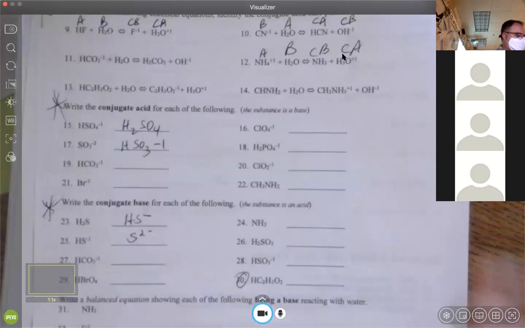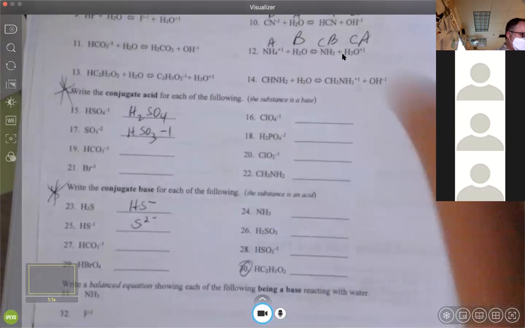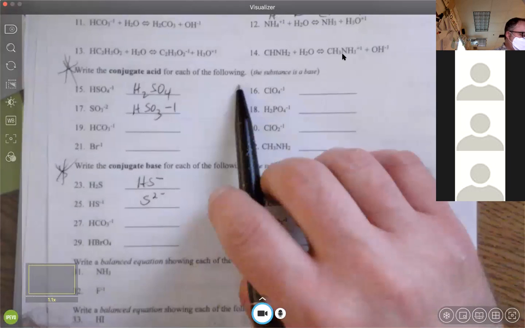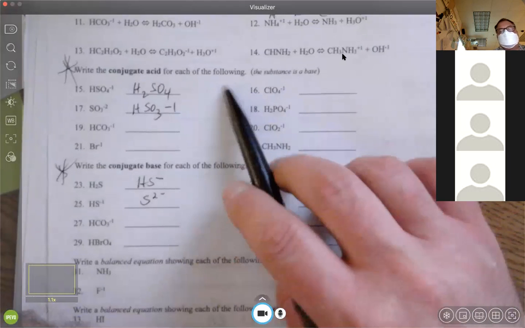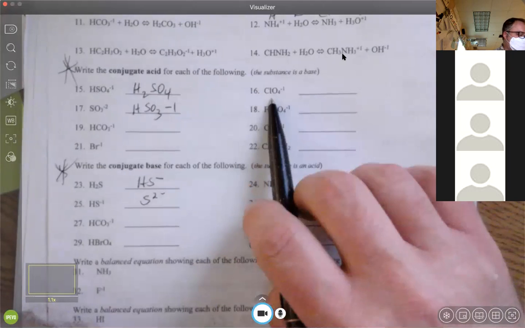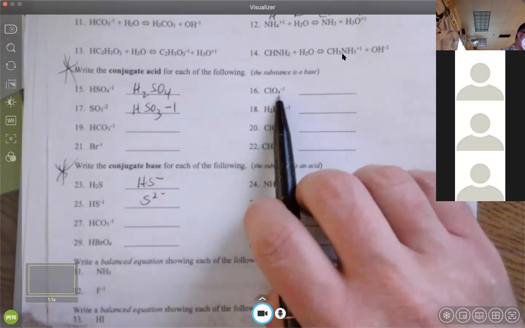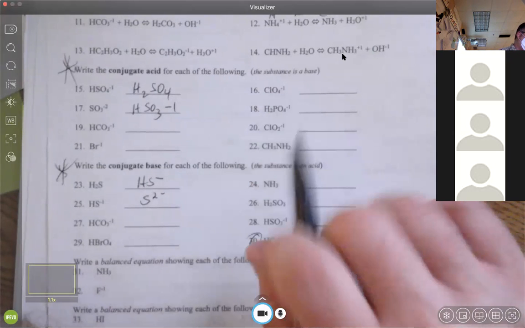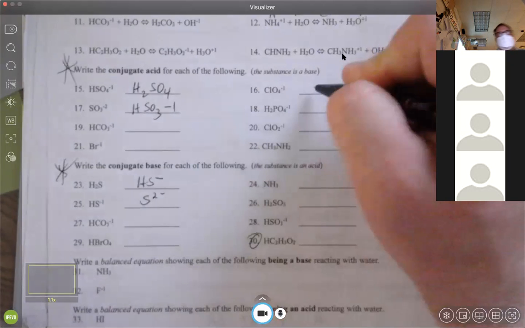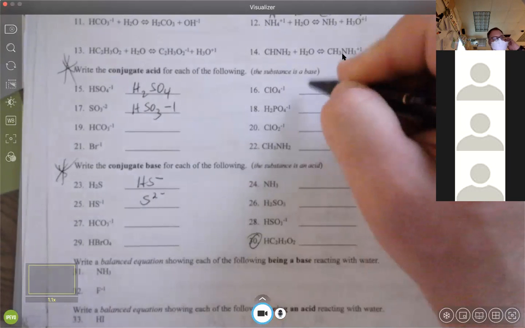Down here, write the conjugate acid of the following. So remember, these are bases, so they want to accept an H. ClO4 negative has 0 H's right now. So what will the conjugate acid be? It's a base, so is it accepting or donating an H?